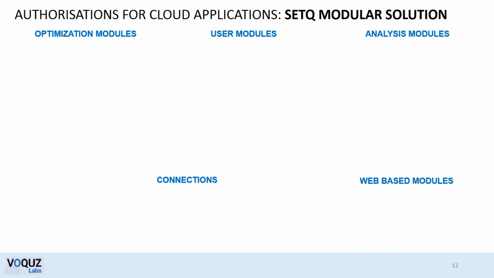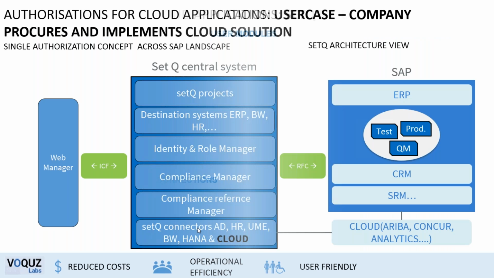When the setQ application was built, we decided to not build it as a one size fits all, because not every company needs every single element, and they don't need every single element all at the same time. So you can build and build on the building blocks from a modular perspective as you go through your authorization structure. So let's have a look at which specific connectors we need in this case here. Sorry, one slide down.